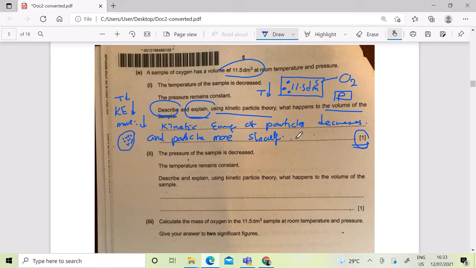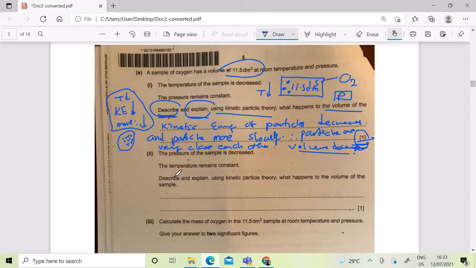Therefore, particles are very close to each other. Volume decreases. If you understand what to write, you will get full marks for part 1.